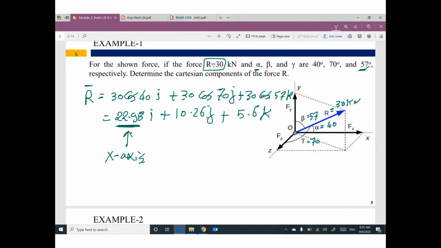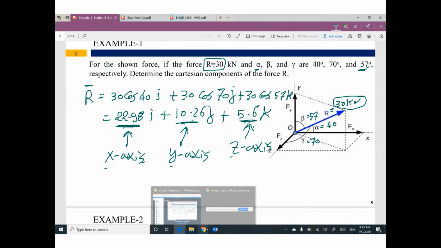This value is the component in y-axis. This value is the component in z-axis. So I break this force 30 kilonewton to three components, one in x, one in y, and one in z.